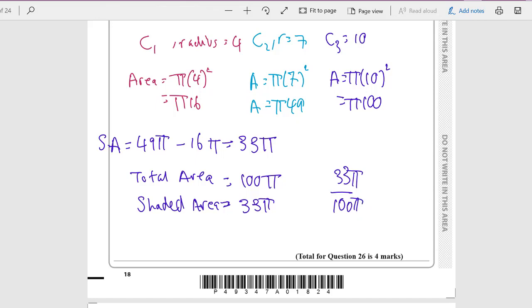So we ask ourselves, is this cancelled? Yep. And then we have 33%, which is 33 over 100. So is this a third? Well, not exactly, because a third is 33.3 recurring.